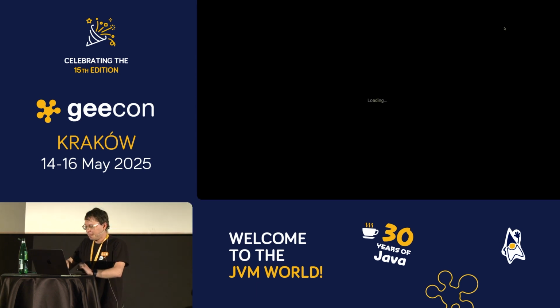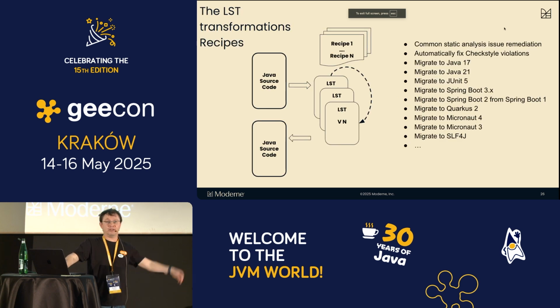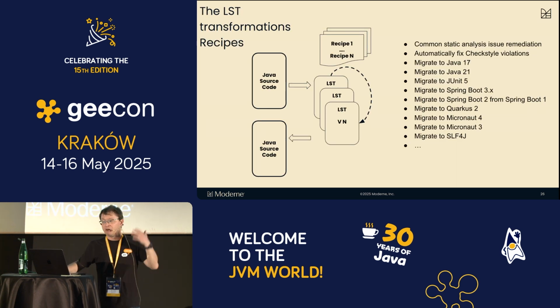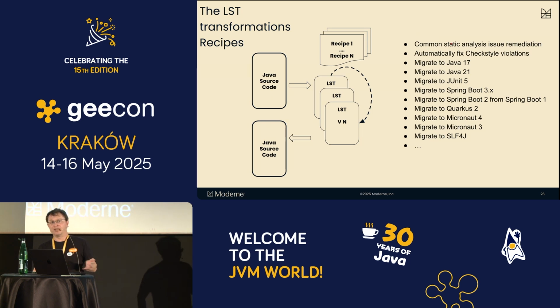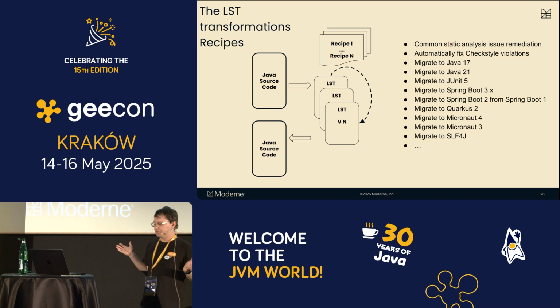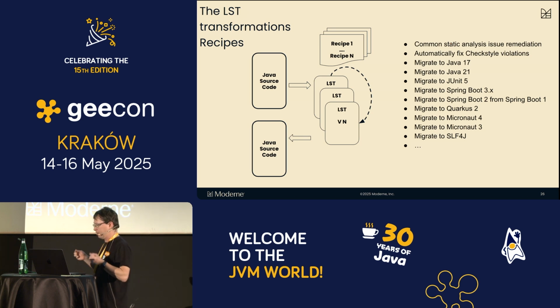And we have a huge number of recipes, more than 3,000 recipes, for a lot of stuff. For example, for common checkstyle analysis, especially in the case of big banks, companies, and so on.